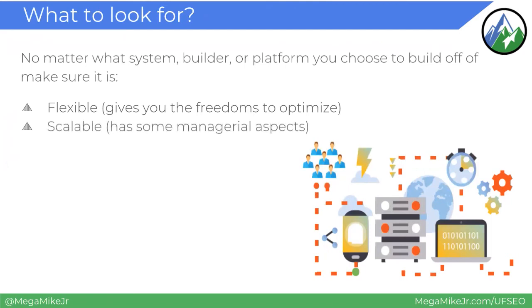Make sure it's scalable, with some managerial aspects. Some allow you to set up an editorial content calendar, or at least a time frame where you can schedule posts so you know this article or page is going to go out on a certain day. You can manage that, and the people on your content team, your editors, your writers, and so forth. So make sure it's scalable in that aspect.